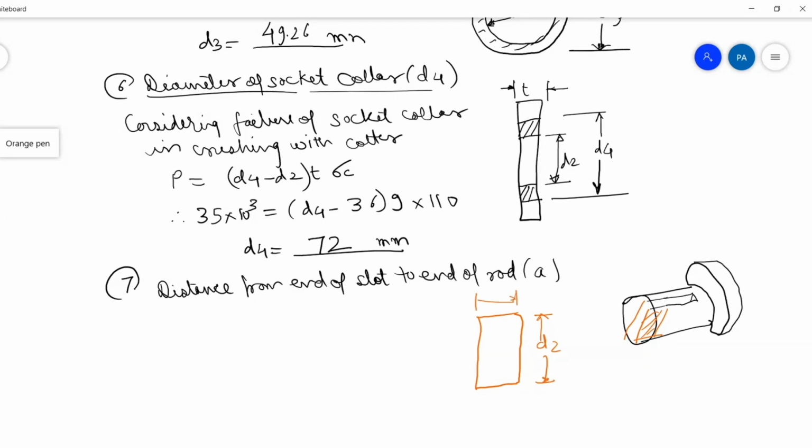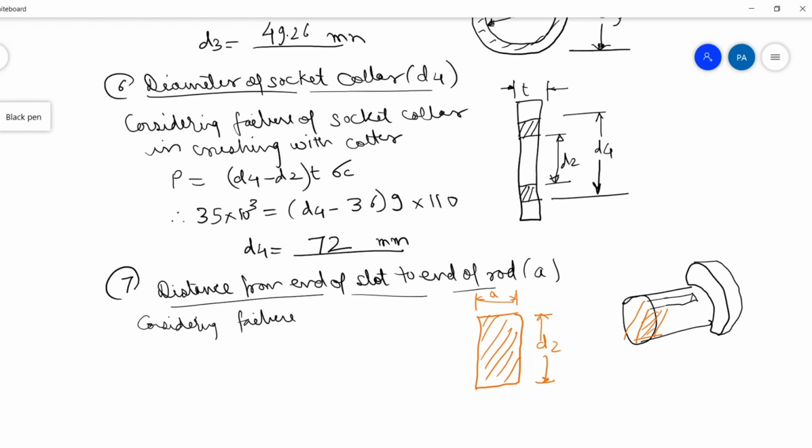This thing is A. And since it is double shear, how will we write? Considering failure of rod end in shear, you can write P equal to 2 times D2 into A into tau.